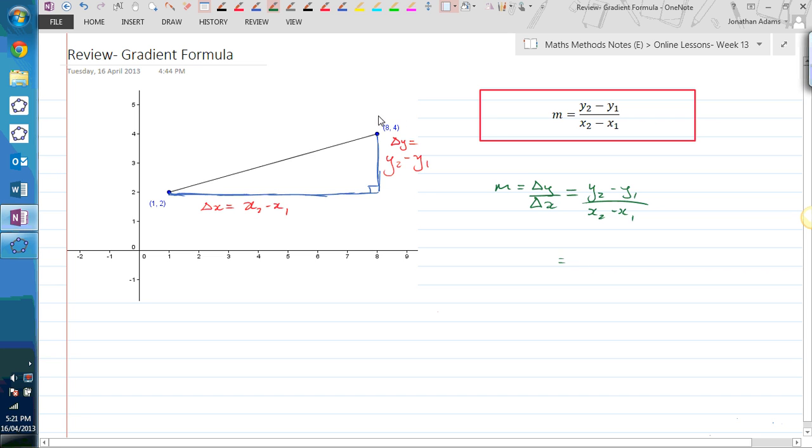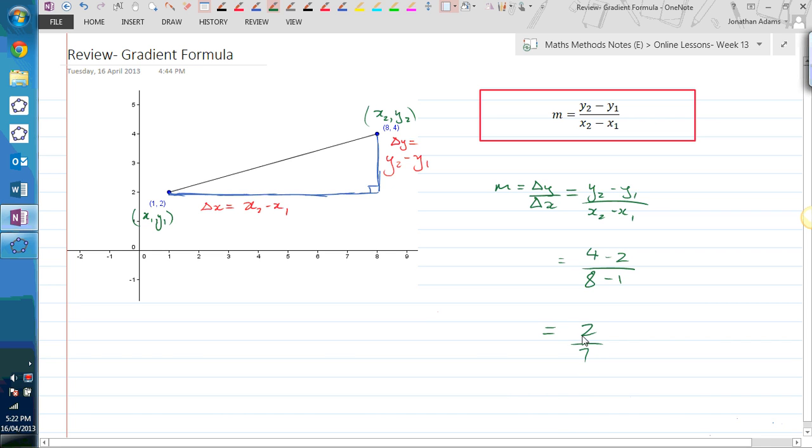Substitute our numbers in. y2, we've been saying, is the y coordinate of this point, which is 4. y1 is going to be the y coordinate of this point. The y coordinate of this point is 2. x2, of course, is 8. And x1 is 1. So I'm going to get 2 divided by 7 as my gradient.